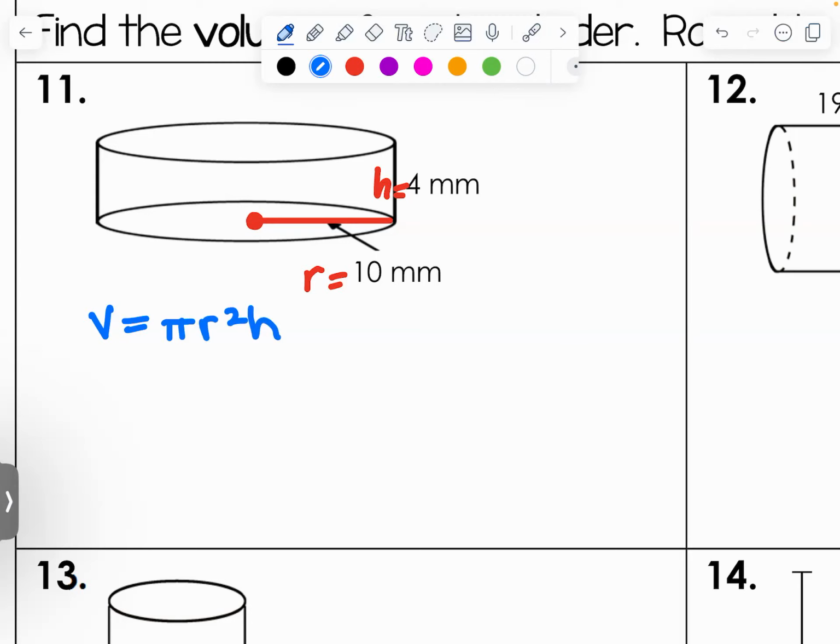Okay. Then what we're going to do, we're going to use the fact that I know that our radius is 10 and our height is 4. So I have pi times 10 squared times 4.